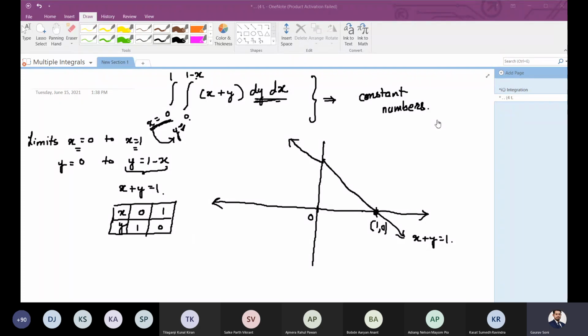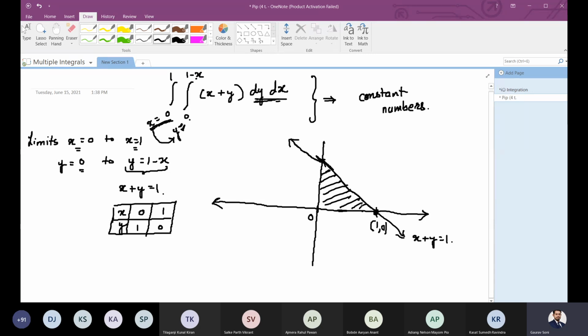The y-axis represents the vertical length of your region. So the value of y goes from y equal to 0, this line, to y equal to 1 minus x, this line. So this is the region over which you are integrating.